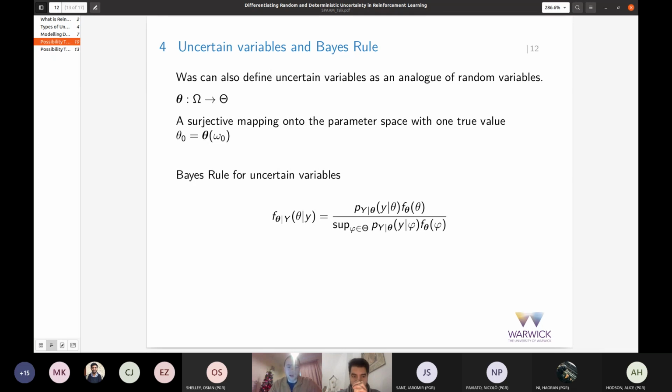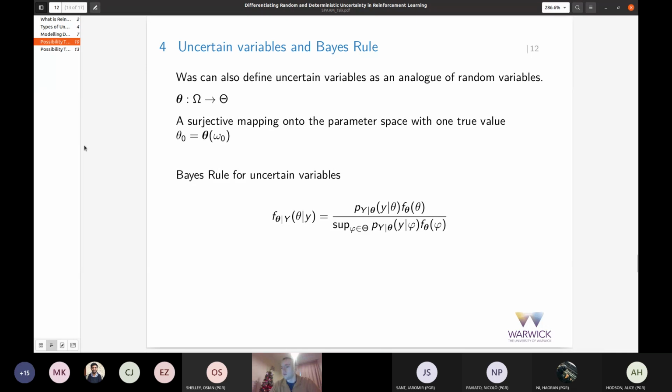We wanted a full characterization of uncertainty, which we'll get with the Bayesian updates. We've got relatively easy computation because in the denominator we've got a supremum now, which is generally easier to calculate than an integral. And we've also relaxed the additivity requirement, which was the whole point of possibility theory.